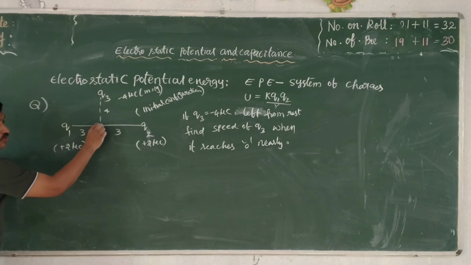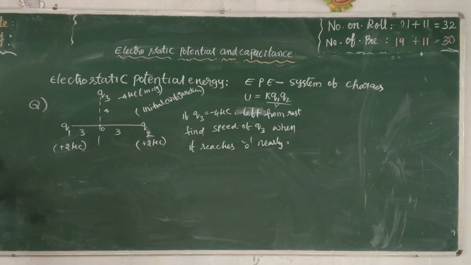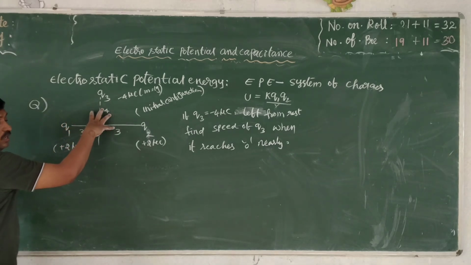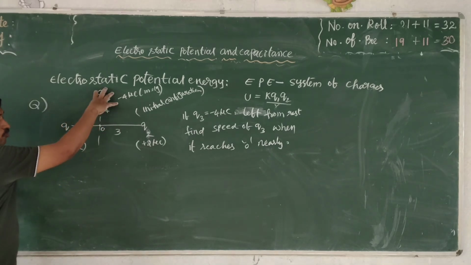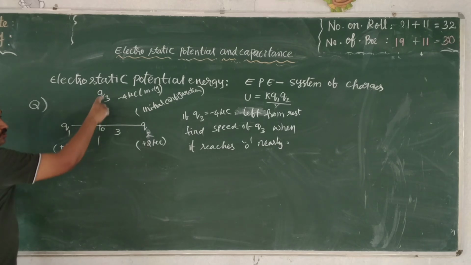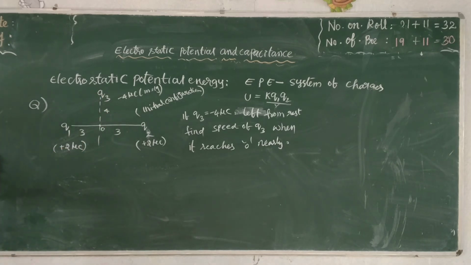When it reaches 0, what is the speed of Q3? That is what we want to find out. Initially it is at rest, so it has potential energy. While moving, these two are at rest and it is moving, so both potential energy and kinetic energy are there. So we can take the initial mechanical energy equal to the final mechanical energy.